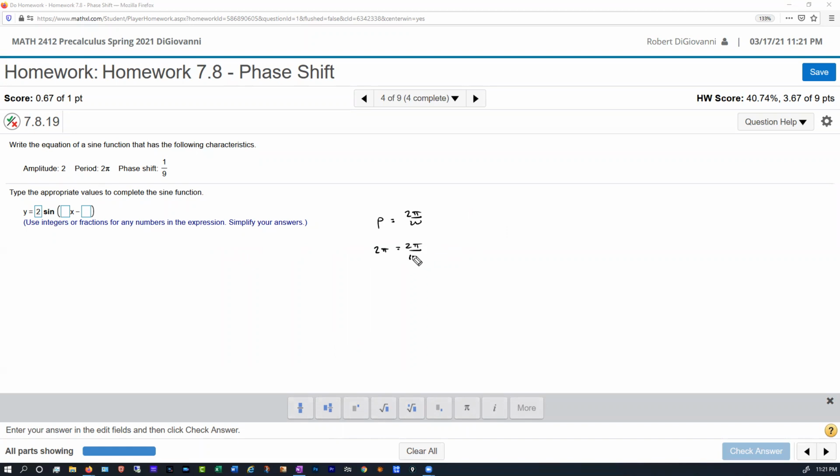It's obvious that omega would have to be 1, because 2 pi over 1 gives you 2 pi. Then the phase shift will be phi over omega. The phase shift they're telling us is 1/9. That must be phi over omega. But omega is 1, so phi has to just be 1/9.